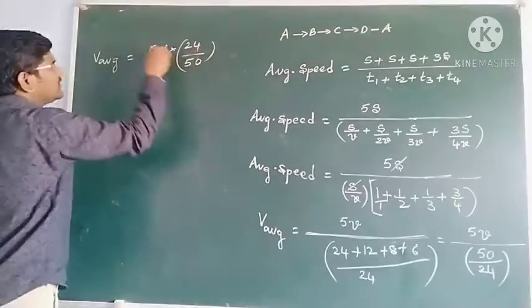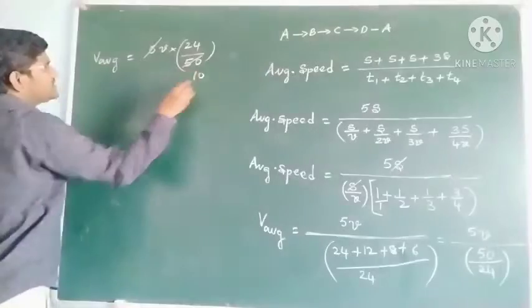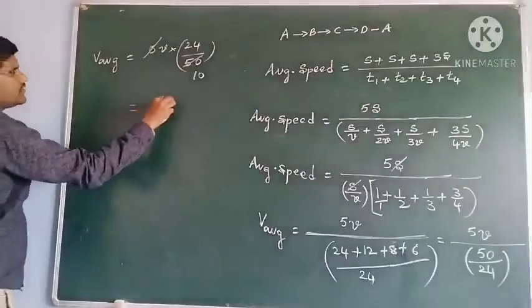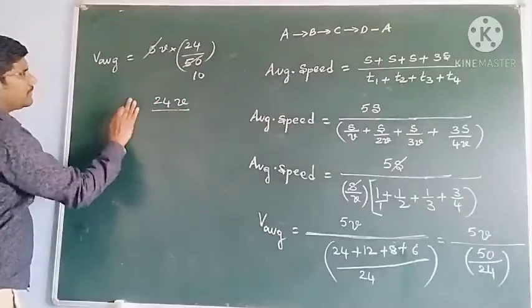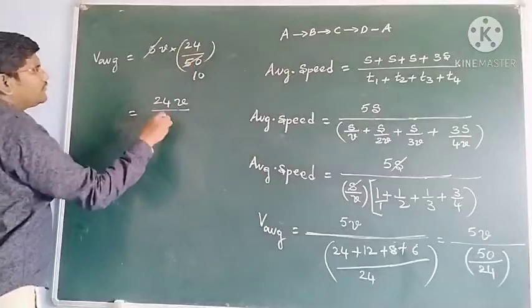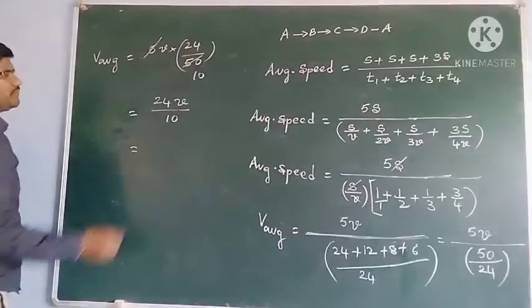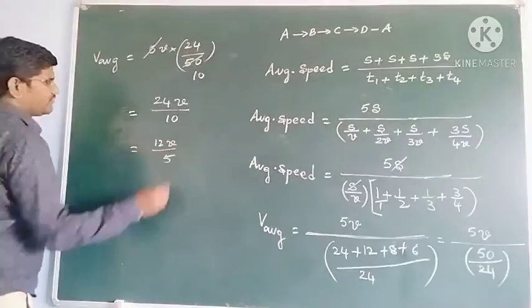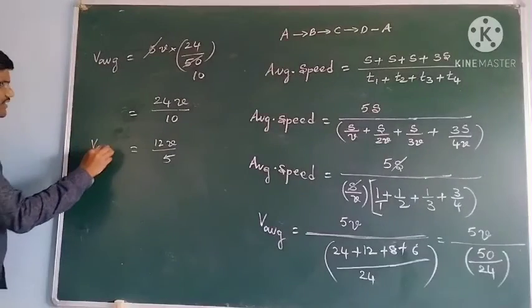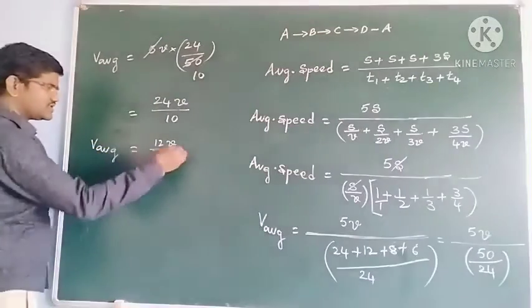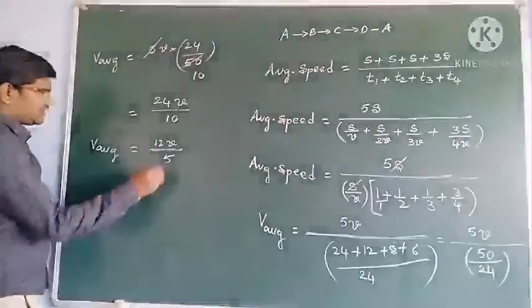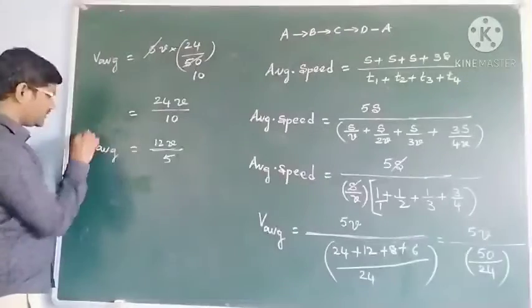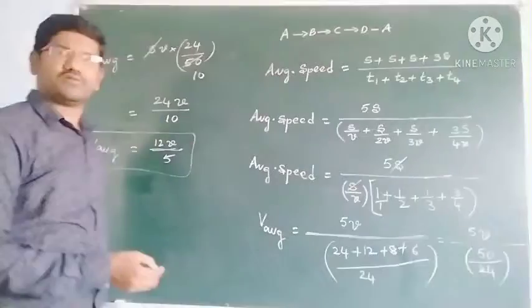Then 5 tenths gets cancelled, 24 into V, so 24 V by 10. Then you cut with 2, so 12 V by 5 is called the average speed. Okay students, so that is 12 V by 5.